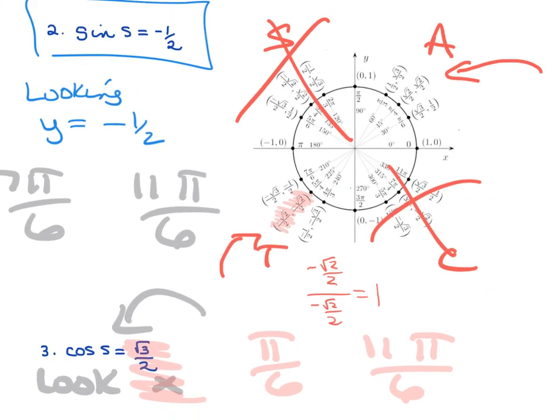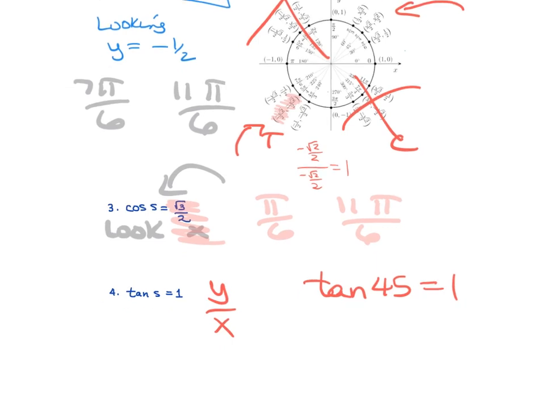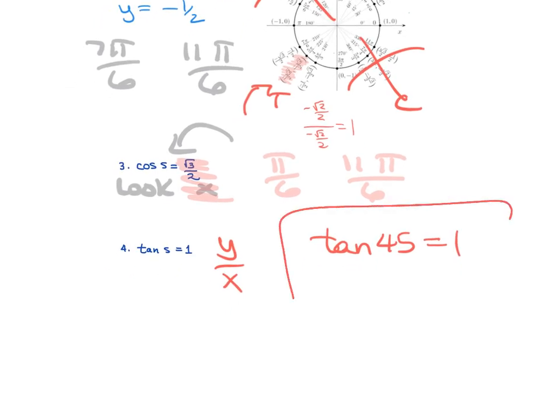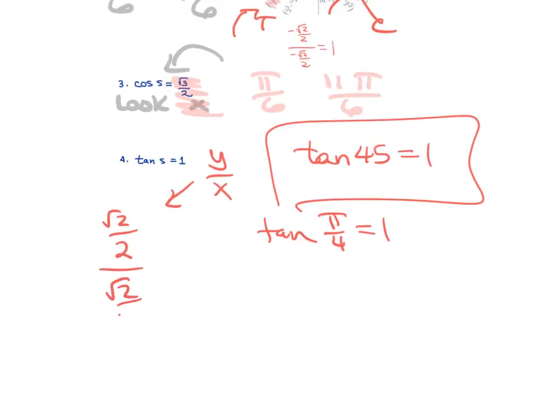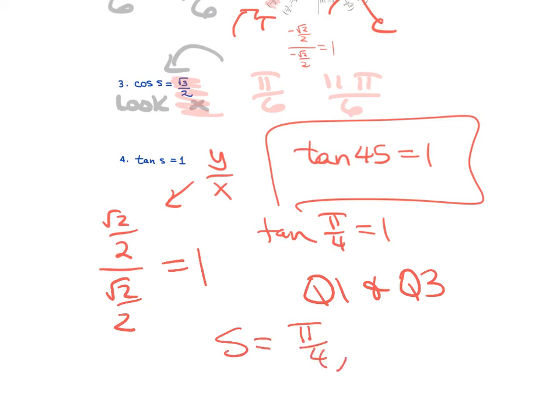You may think it's coming from one of the quadrant angles, but it will help you tremendously if you memorize this fact. Okay? Also remember the radian equivalent is pi over 4. So this actually is root 2 over 2 divided by root 2 over 2, which equals 1. So we were looking for quadrant 1 and quadrant 3. So the answers here, x equals pi over 4 and 5 pi over 4.